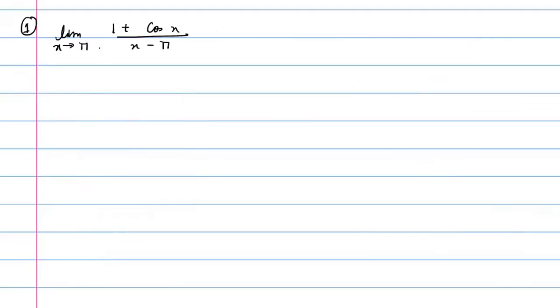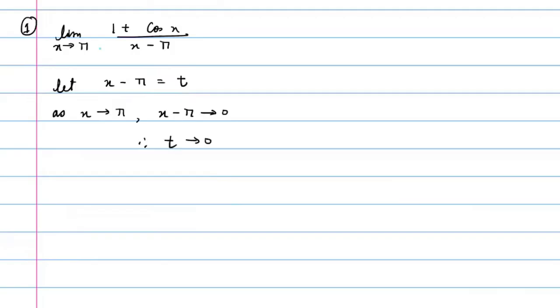So in this, what I'm going to write, let x minus pi is t. So as x tends to pi, what is the meaning of that? The value of x is becoming closer and closer to pi. X minus pi will become close to 0. And that means t will become 0.